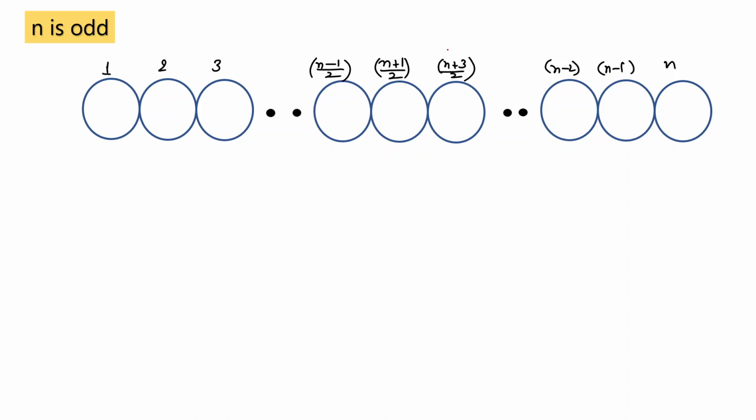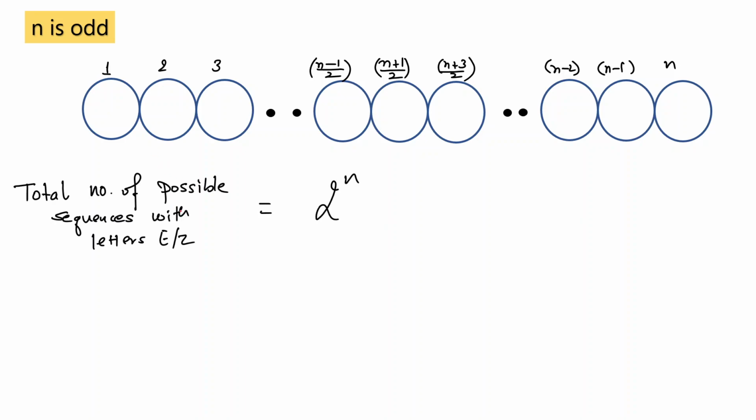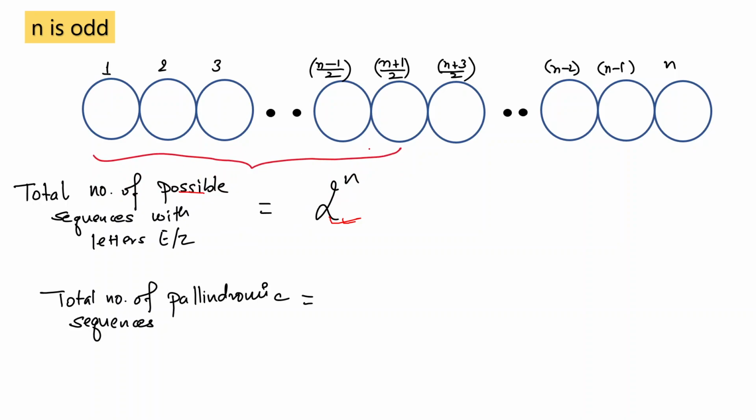Okay, so what happens here? Now you will have to think about the total number of possible sequences, 2 to the power n, perfect. For the total number of palindromic sequences, again you will have to think about what? You will also have to consider this central box. Let me give you an example. For example, 3-lettered sequences. How many palindromes did we have?